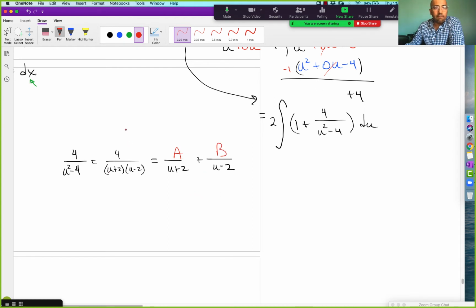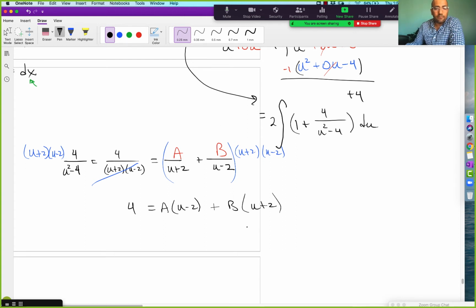Multiplying both sides by the denominator, u plus 2, u minus 2, cancels out with all that and just gives me a 4 that survives, equals, and on the other side I multiply everything by the same thing. So I end up with capital A times u minus 2 plus capital B times u plus 2.